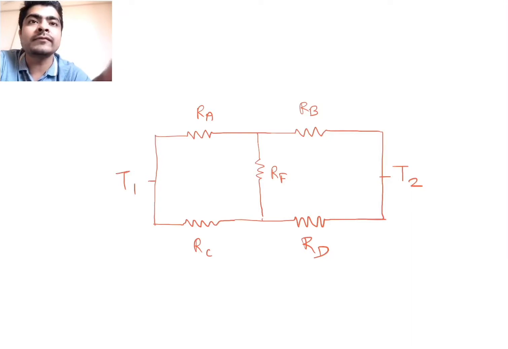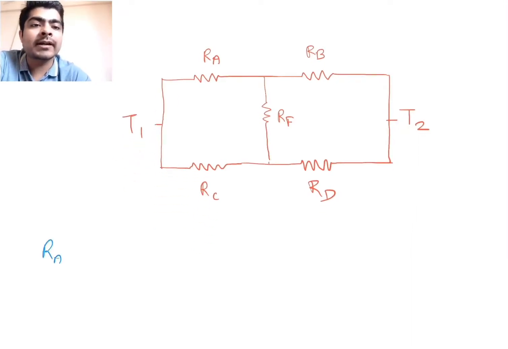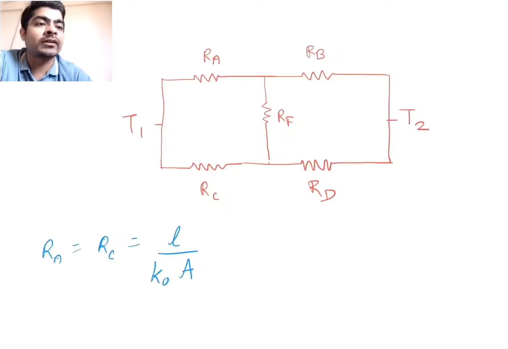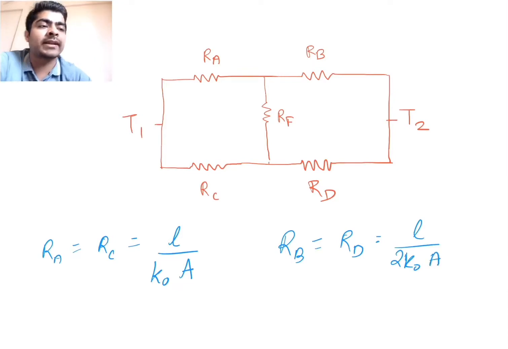We could write down that Ra equal to Rc equal to length divided by conductivity K naught times area A. Similarly, for the rods B and D, conductivity is 2K naught, so the thermal resistance for B and D will be L divided by 2K naught times area. I said resistivity for rods A and C, but actually it's conductivity. Okay, so this is the situation.